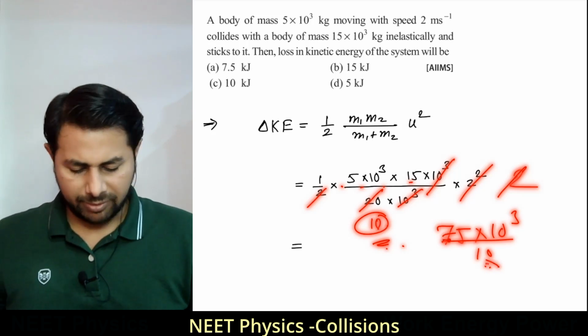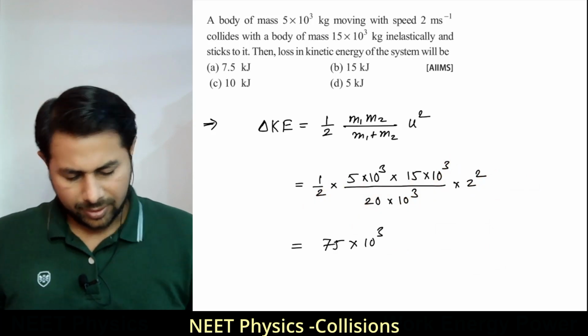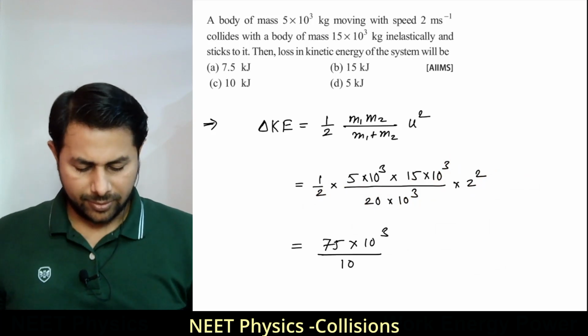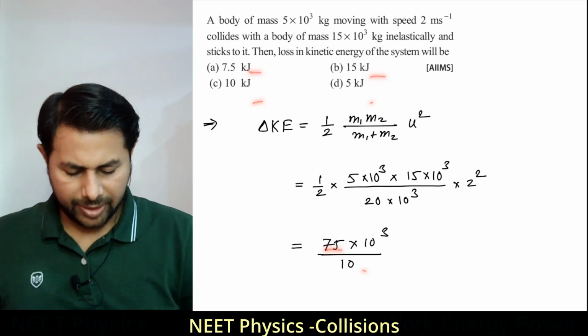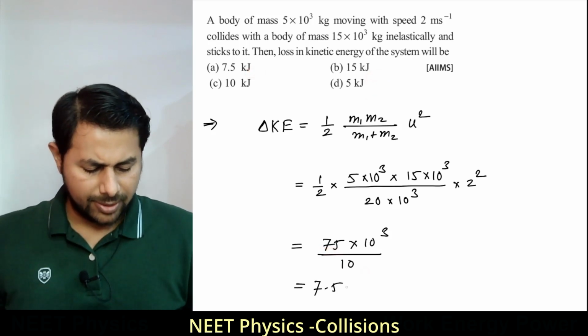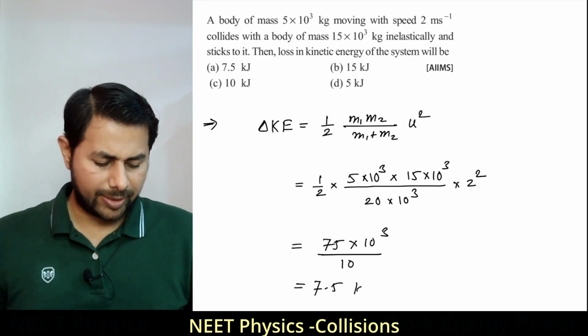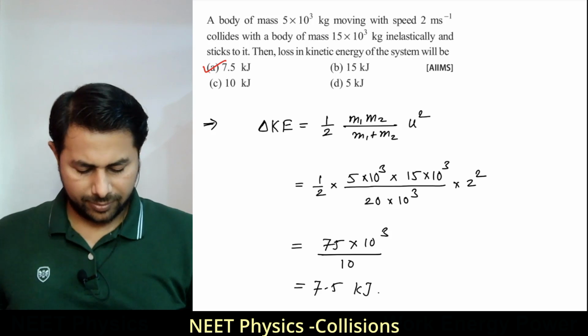Options are in kilojoules, so 75 divided by 10 will give you 7.5. So it is 7.5 into 10 raised to 3 joules, means 7.5 kilojoules. So it is option A, right?